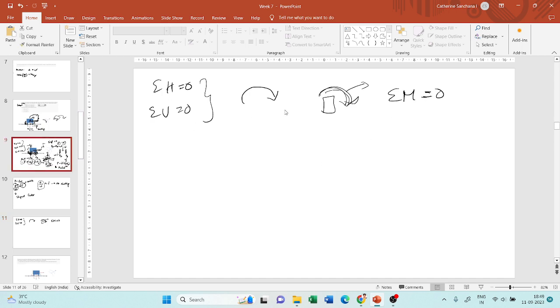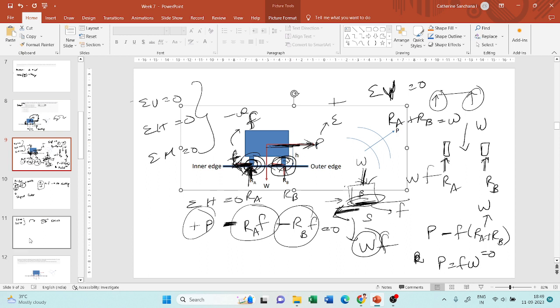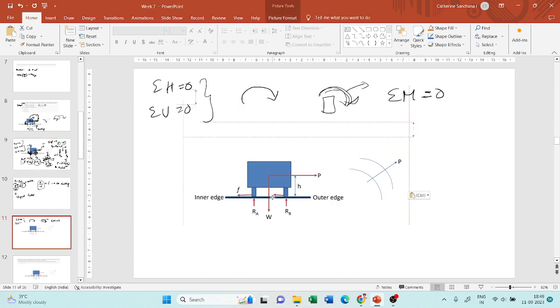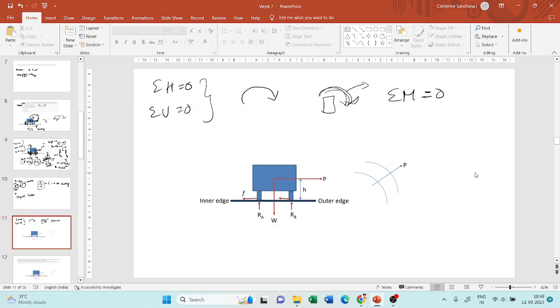Now let me take the figure again. Okay, so moment can be taken about any point. In this case let us take moment about this point. Okay, you know what moment is, right? Moment is nothing but force into perpendicular distance, right? Now about this point, you know what are the forces acting.